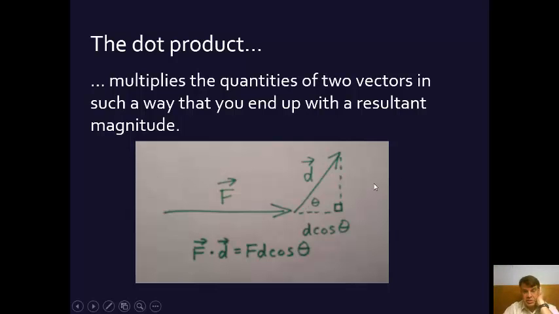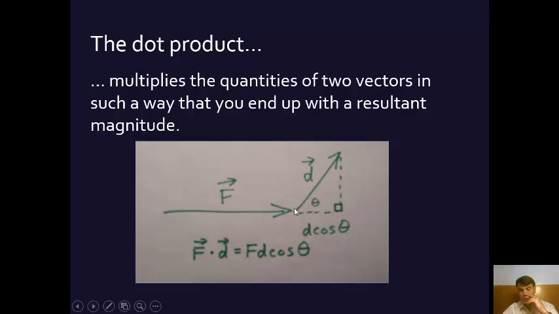Now this involves a little trig. So for example, in this picture, the displacement is going in one direction and the force is going in a slightly different direction. But if you make a right triangle out of the displacement, and you treat this as the opposite side of some angle theta, and this as the adjacent side of some angle theta, then you remember from trigonometry that the cosine of an angle, so for example the cosine of theta, is the adjacent side right here divided by the hypotenuse right here.